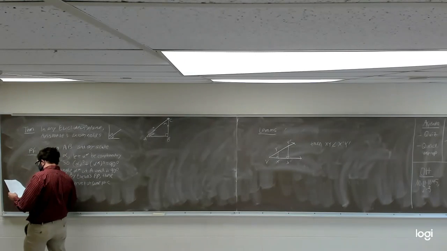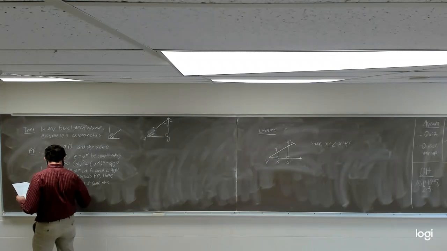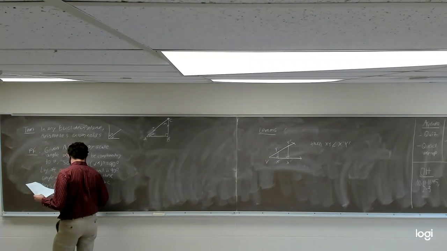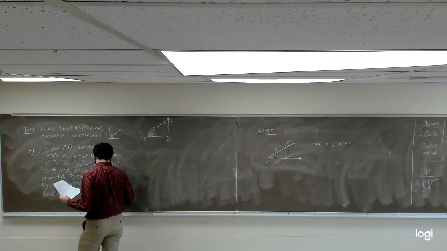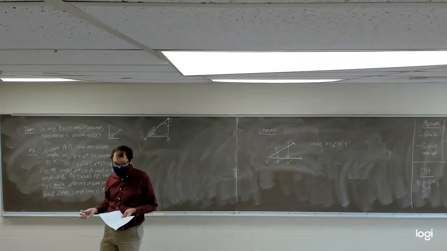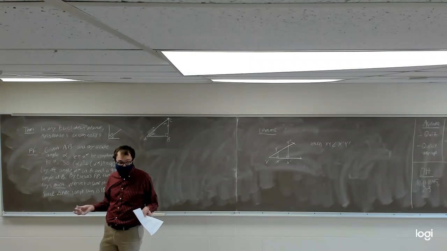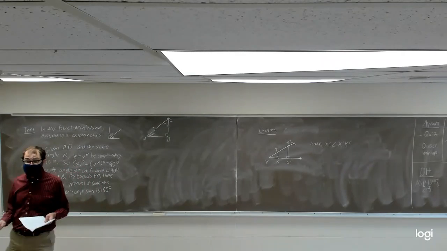So we can say, since triangle ABC's angle sum is 180 degrees, and we know that because we're assuming that we're working over a Euclidean plane, and Euclidean plane is semi-Euclidean, and semi-Euclidean means triangles have angle sums of 180 degrees.